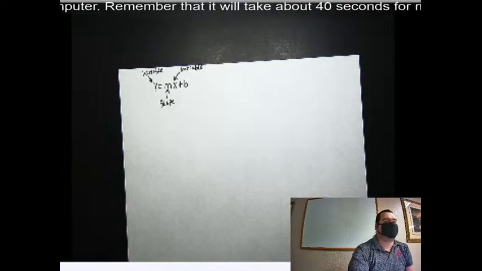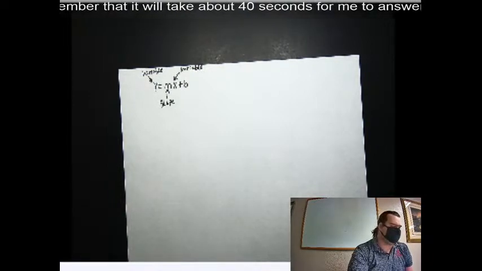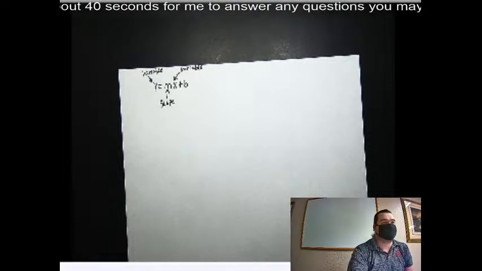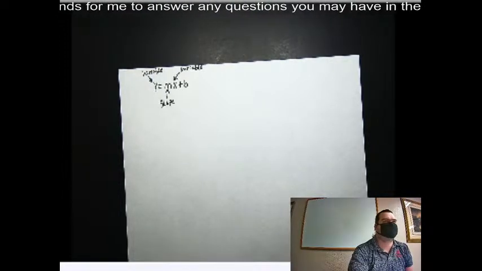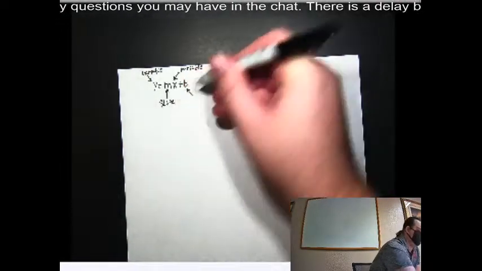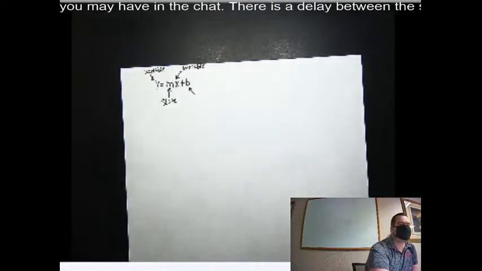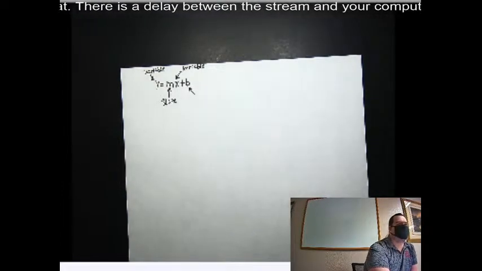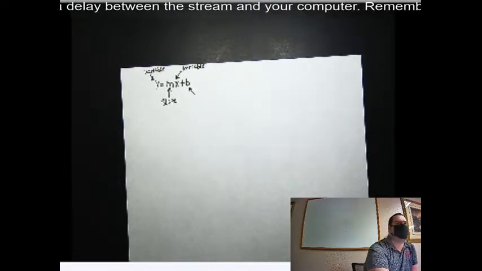How quickly is it going to be increasing or decreasing? That's what slope tells us. B is kind of like a modifier. It's basically going to tell us where this thing starts, usually, not always.